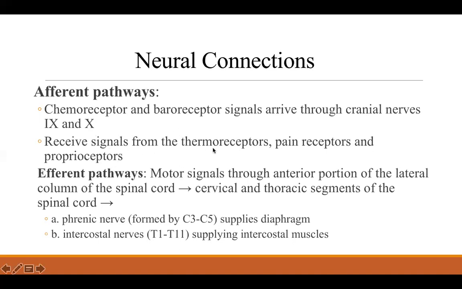They also receive signals from the thermoreceptors, pain receptors, and proprioceptors. So there are many other nerves that are not listed here, but just know that these could be from the skin, from any other part of the body that is reaching the brainstem with signals.